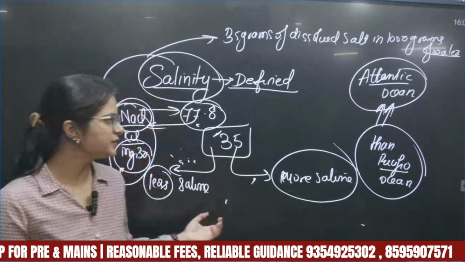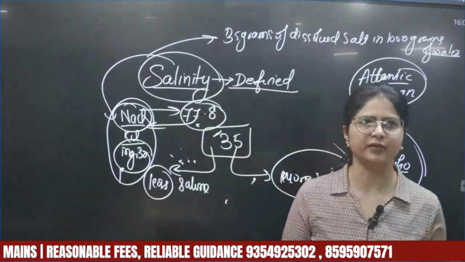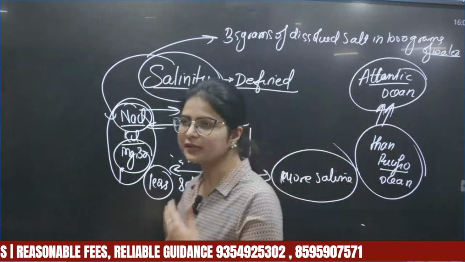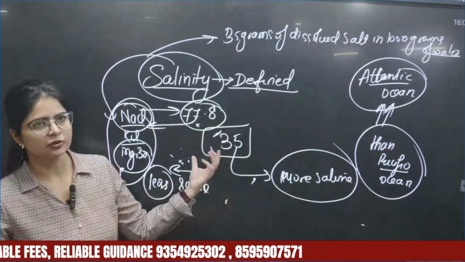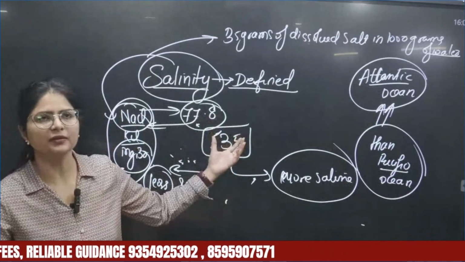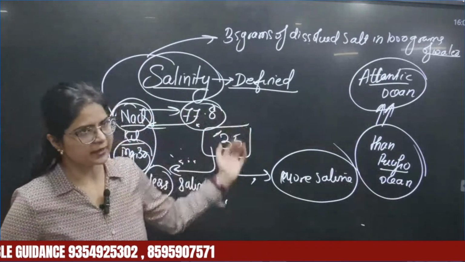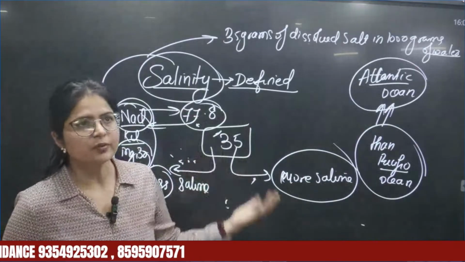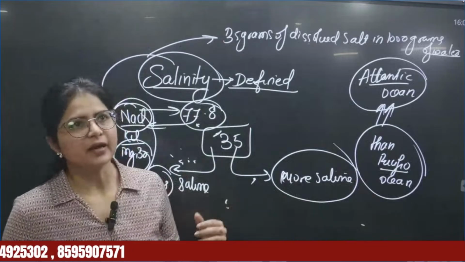But the point right now is to understand why the salinity is not distributed equally everywhere. Distribution of salinity is not equal because, as I said, insolation is not coming in an equal manner at every latitude. We call it latitudinal variation, where we have different insolation.